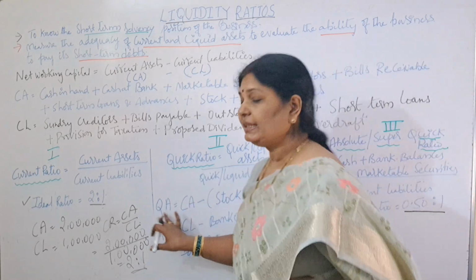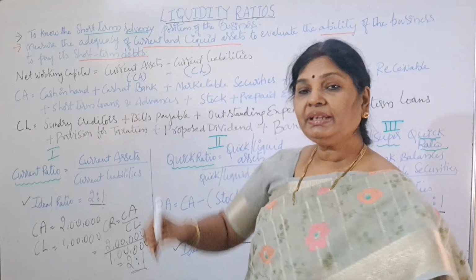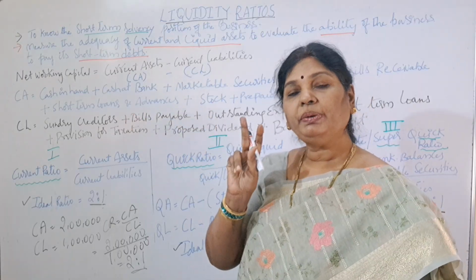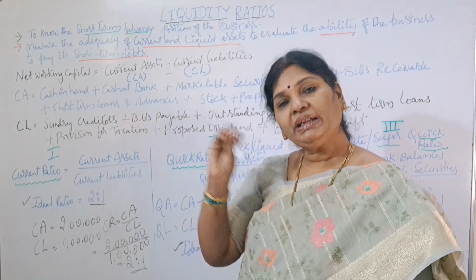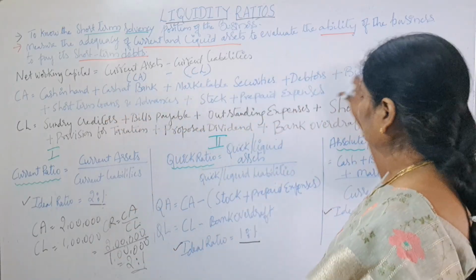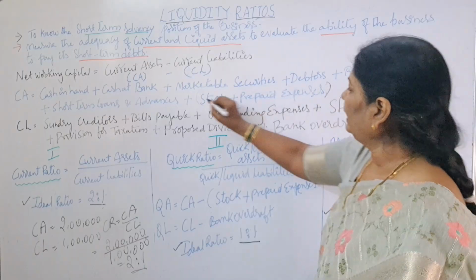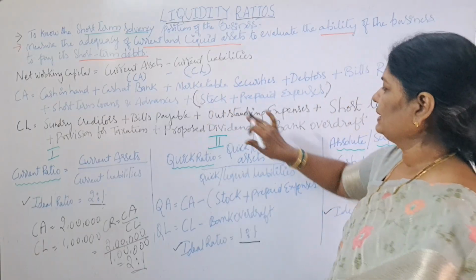So what are quick assets? Now I explained what current assets are. Then what are quick assets? Just remember two items which won't come under quick assets. From this list of current assets, if you remove these two, what are those two? Stock and prepaid expenses.